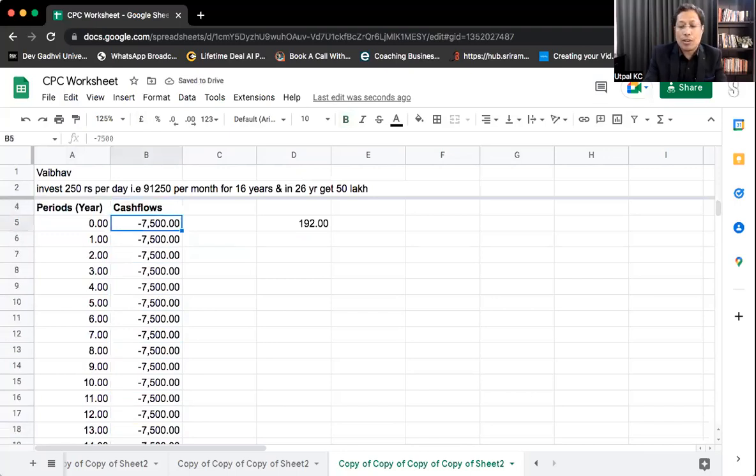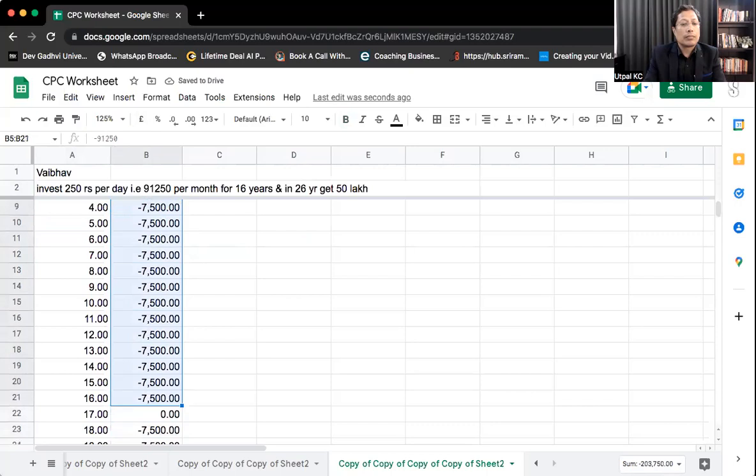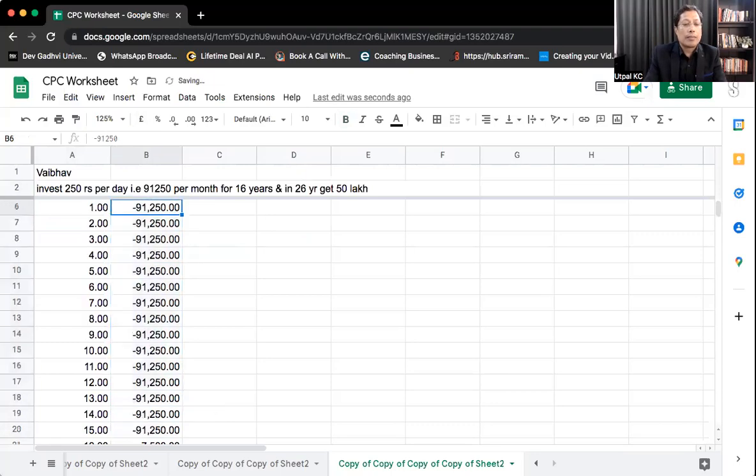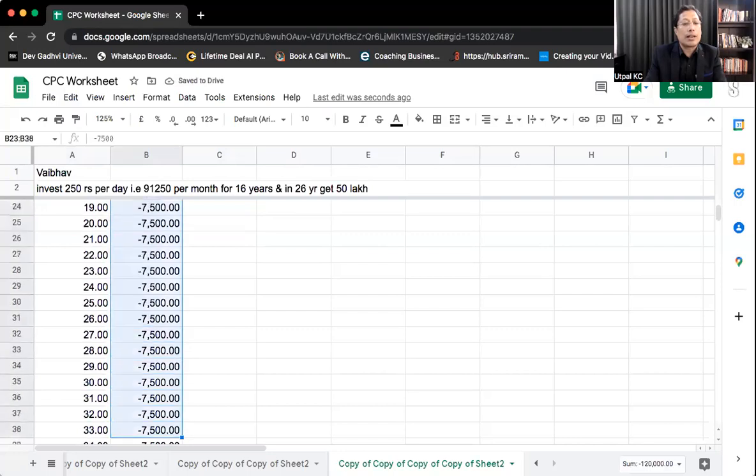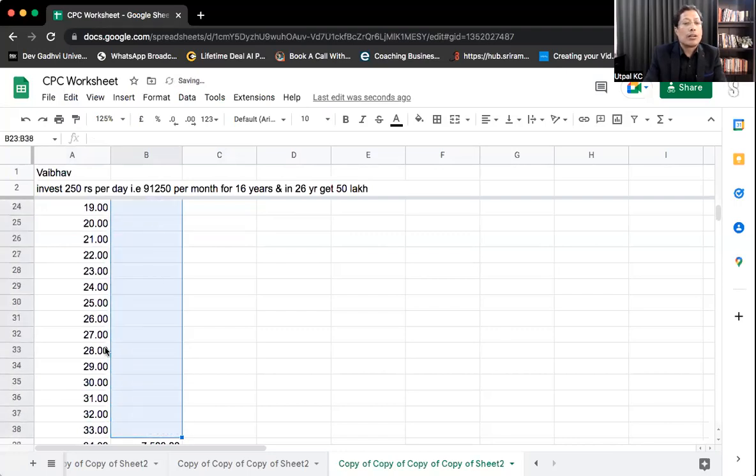Minus 91,250. 16 years means up to 15, always remember this, because it is starting from 0. Then after that, 26 years, you are getting 50 lakhs.